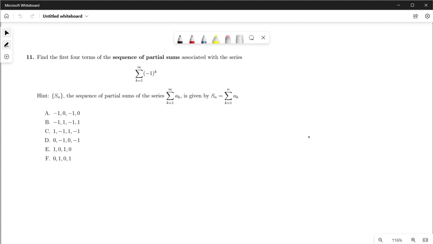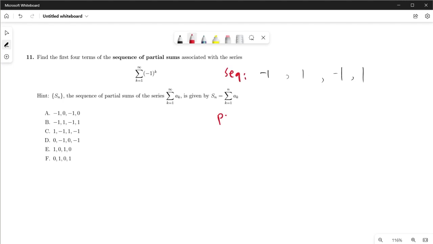So first 4 terms, starting from k equals 1, -1 to k of 1 is just -1, and then it will be -1 squared, which is 1, and -1 again, so it will oscillate between -1 and 1, and this is the sequence.